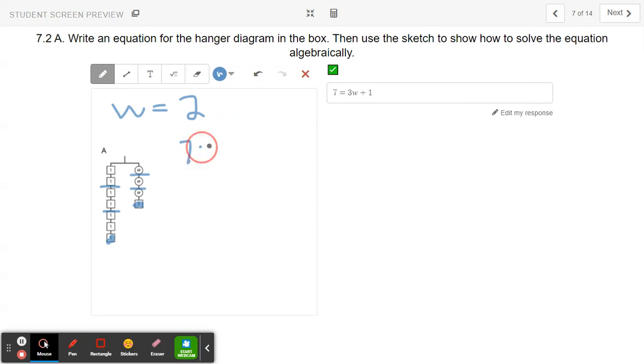When we did 7 equals 3w plus 1, the first thing we did is we subtracted 1 from both sides, right? So we did minus 1 from this side and we got 6 is equal to, and then we took this 1 off here, right? And we left 3w. So then we were left with 6 equals 3w.